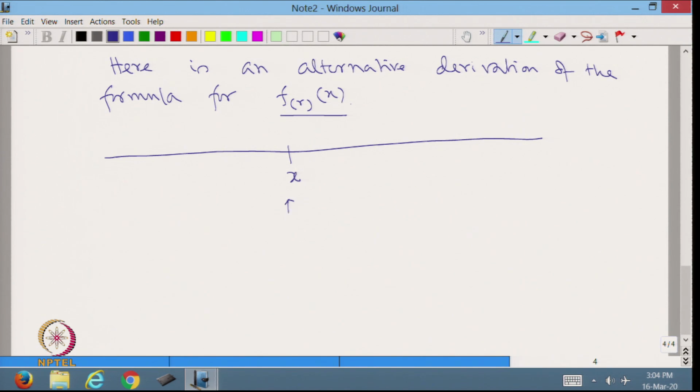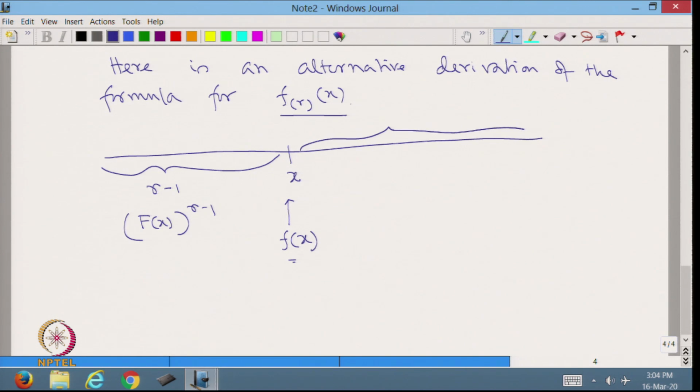So, one observation will come at x, that will have the PDF f(x), r minus 1 observations will be here, and each of them is less than x, therefore, that should give us F(x) to the power r minus 1, and remaining n minus r are in this region because they are greater than x. So, that should give us 1 minus F(x) to the power n minus r.